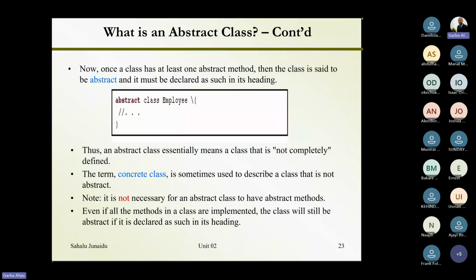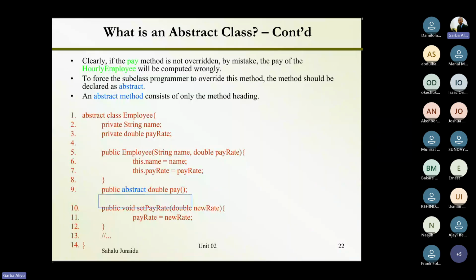So I think this is what I've just explained. Once a class has at least one abstract method, then the class is said to be abstract and it must be declared as such in its heading. As long as you have one method that is abstract, the class needs to be abstract and must be declared as such in its heading. Like here now, we have it because we have one method that is abstract.